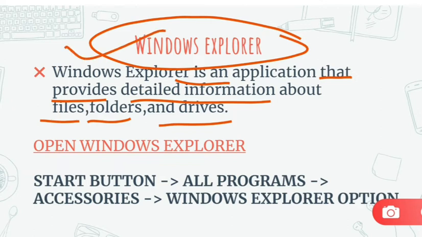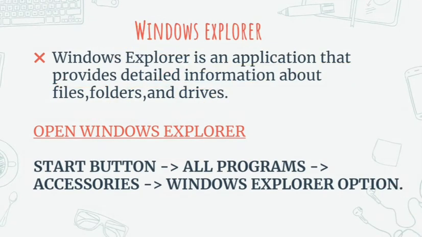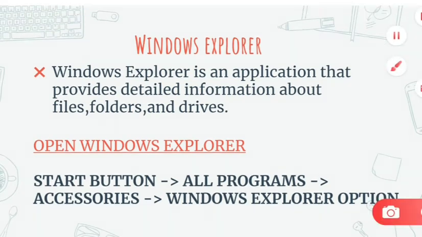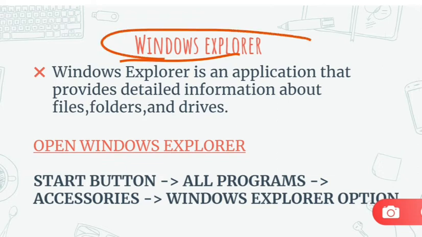In that Windows Explorer we are able to see all the detailed information about any file, any folder or any drive. This Windows Explorer also helps us to manage and organize our files or folders. With this Windows Explorer we can easily manage our files or folders.